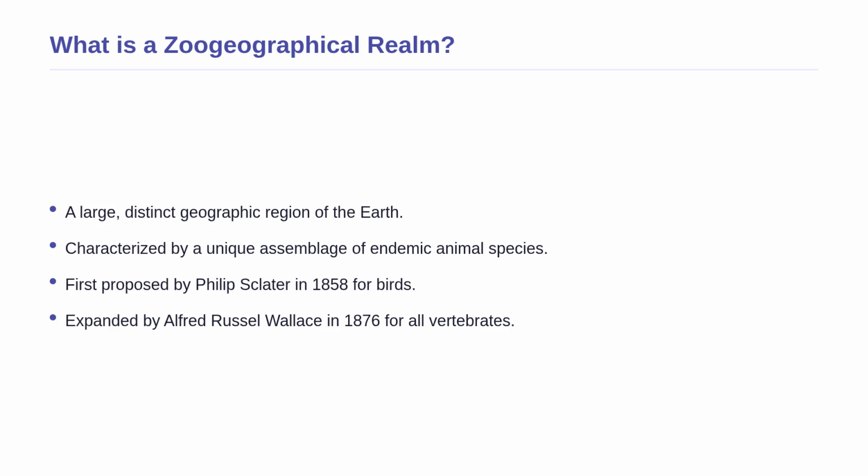This brilliant concept was first proposed by Philip Sclater in 1858 when he was studying birds. Later, in 1876, Alfred Russel Wallace expanded this idea to include all vertebrates, fundamentally changing how we view global biology.